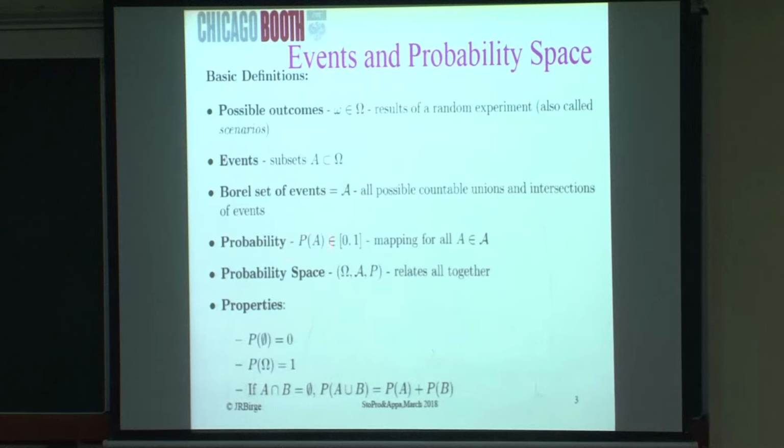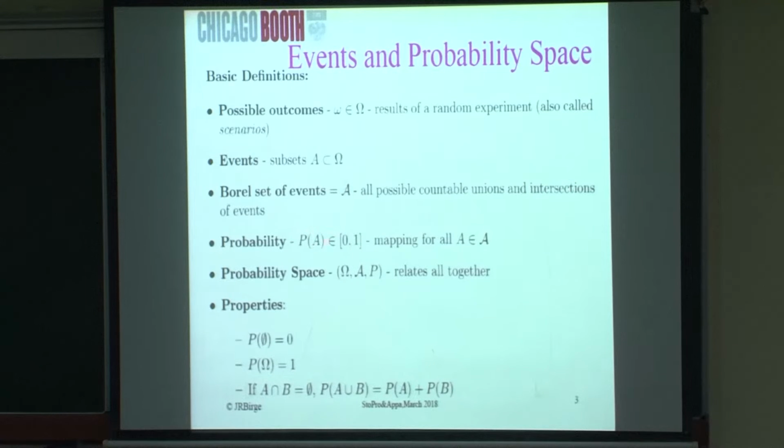So we think of probability as just taking any of the possible events, that is, any of these possible subsets, and being able to map those into something between 0 and 1, obeying a set of rules, which are down here.